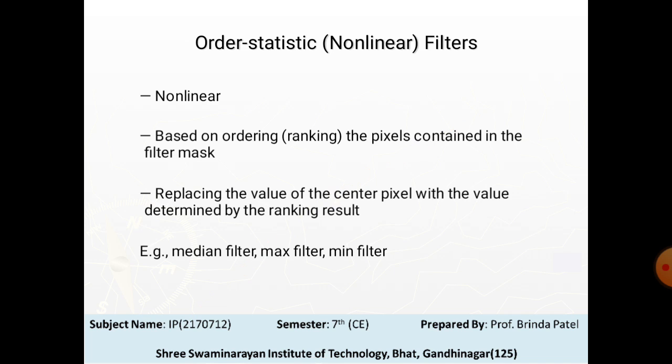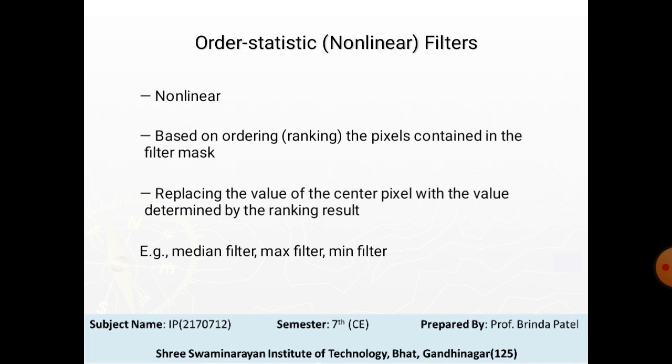The median, whose symbol is epsilon, of a set of values is such that half the values in the set are less than or equal to epsilon and half are greater than or equal to epsilon.